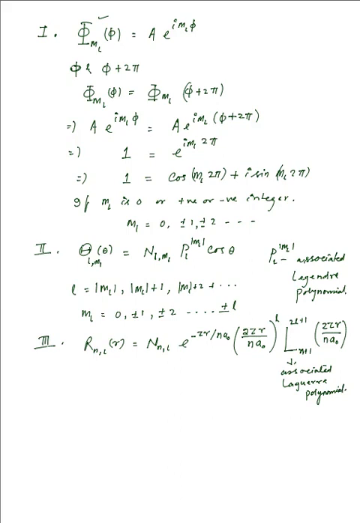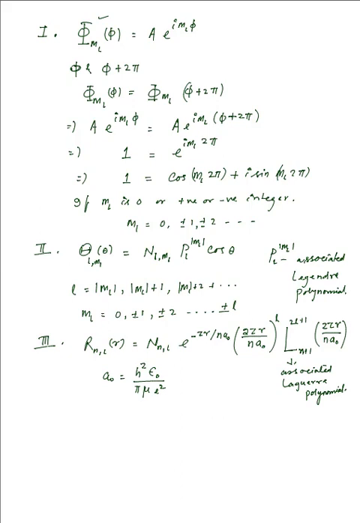The parameter that we have introduced, a naught, is simply equal to the constant value h squared epsilon naught over pi mu e squared, e being the charge of the electron. And this is, as per the old quantum theory, the smallest Bohr orbit of the hydrogen atom.